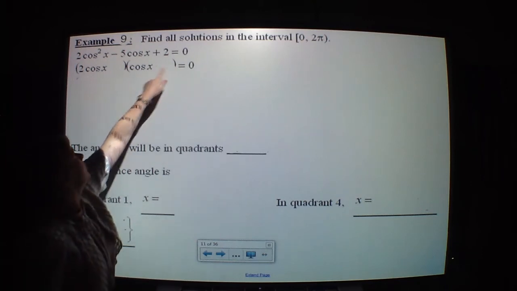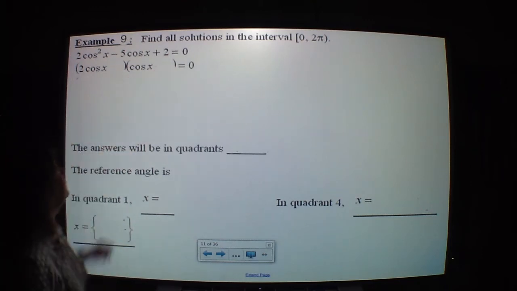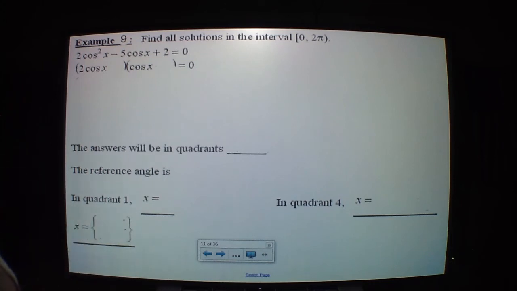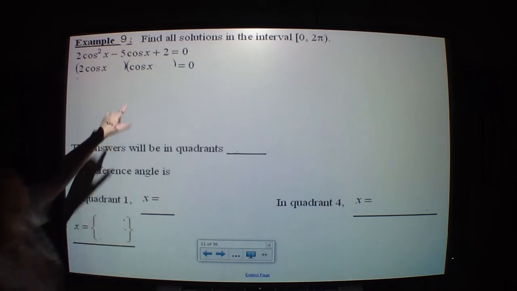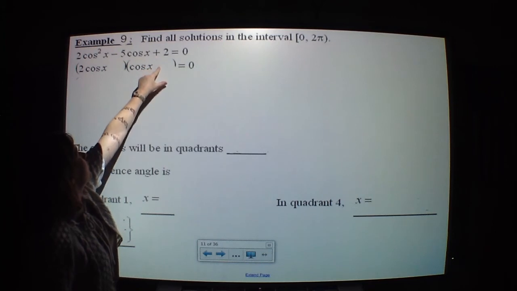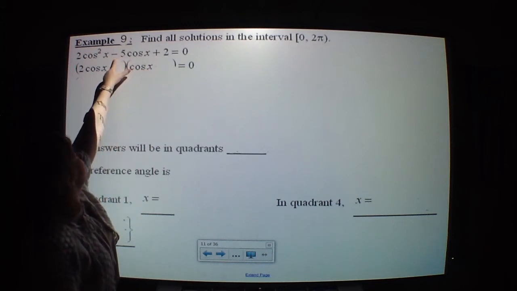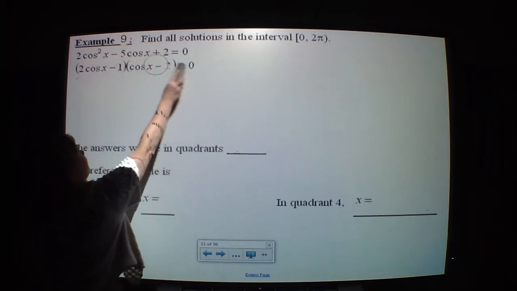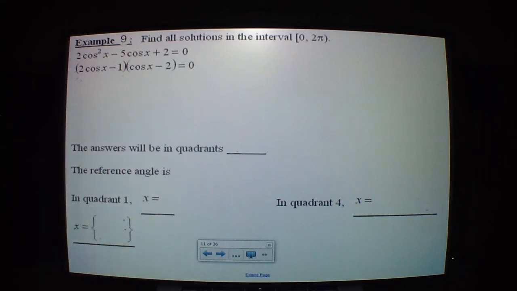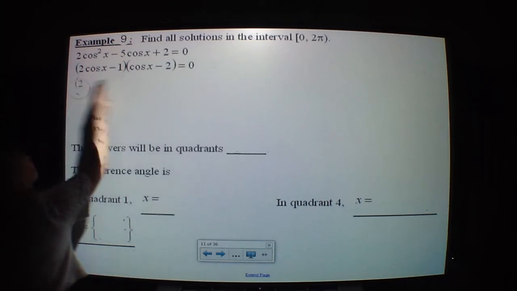And I know it's going to be 2 and 1, with either both of them being positive or both being negative. That's positive, so they both have to be positive, both have to be negative, but that's negative, so they both have to be negative. And hopefully you realize that it factors like this. And then we know that 2 cosine of x minus 1 is equal to 0, or cosine of x minus 2 is equal to 0.